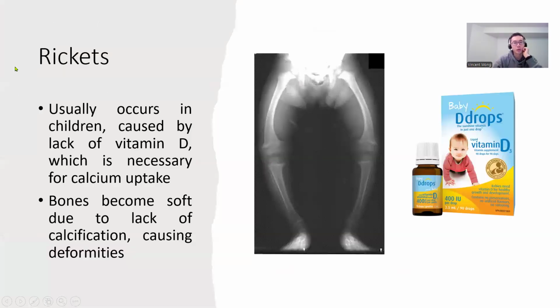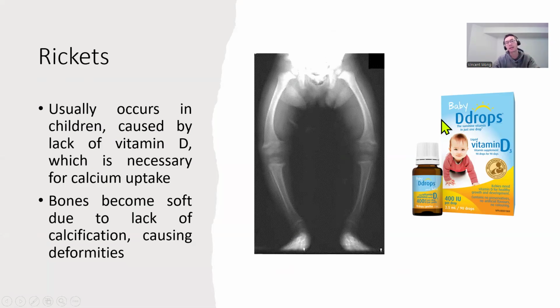Here's another condition called rickets. If you have kids, your pediatrician, family doctor probably will recommend them taking D drops. And D drop is basically vitamin D, and we actually need vitamin D to absorb calcium into the body.